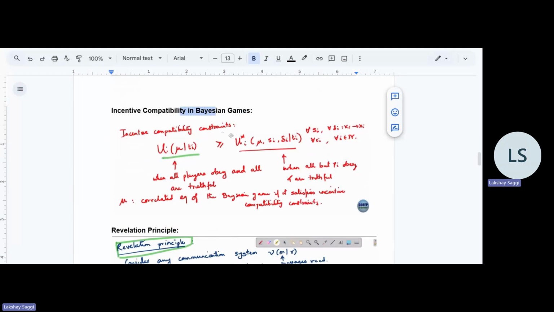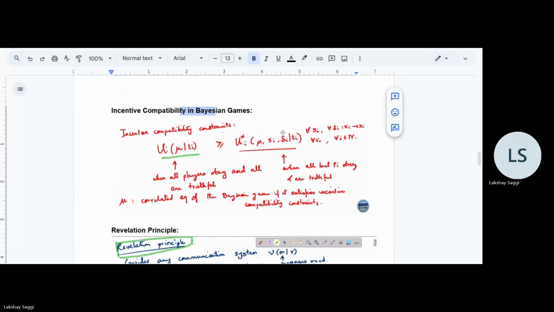These incentive compatibility constraints can be compactly thought of as what's been written below: the utility for player i when he or she is being obedient and truthful is greater than the utility for player i when he or she is not being truthful or not being obedient.